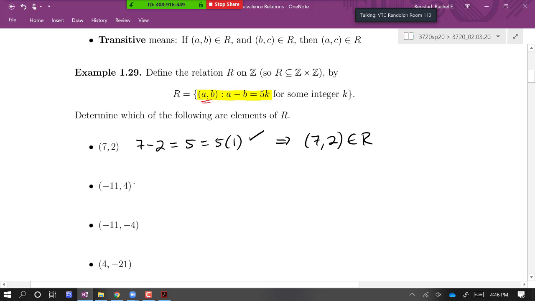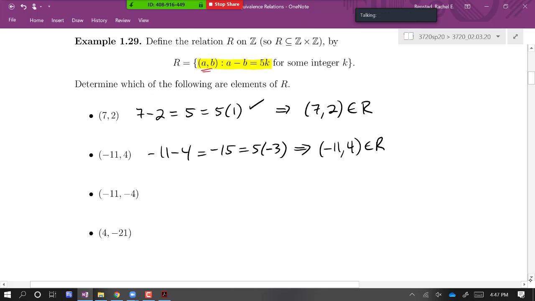Let's do another one. Negative 11 and 4. Negative 11 minus 4 is negative 15, and that's a multiple of 5. It's 5 times negative 3. So this means that negative 11 is related to 4. Let's see if it's related to negative 4.